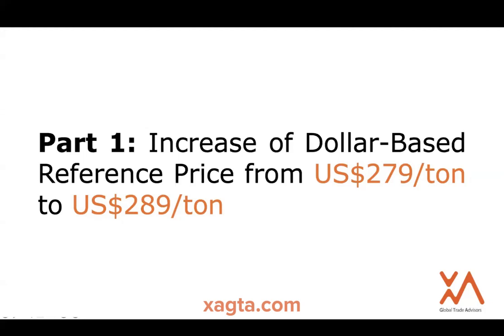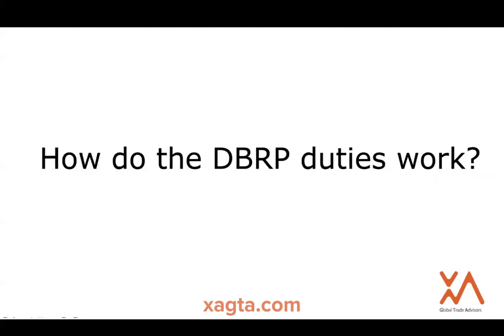So we have three products which have their duties calculated by reference to a global price. So that is wheat, sugar, and maize. So when the global wheat price dips below the reference price for a particular period, what will happen is the duty will then be calculated.